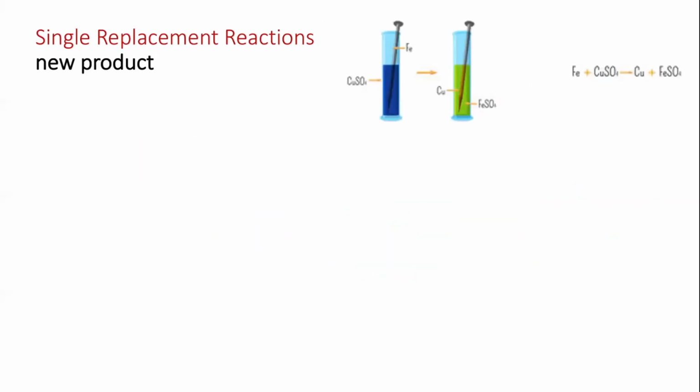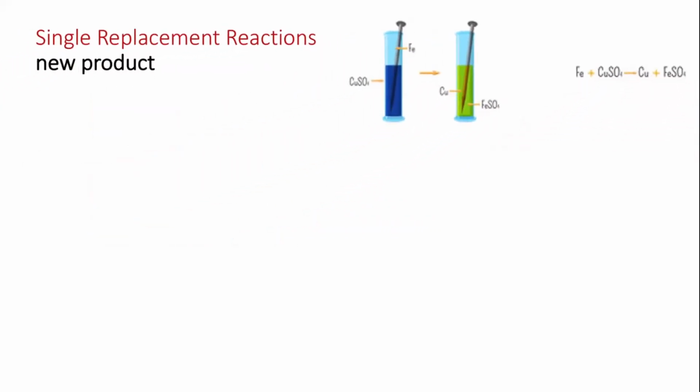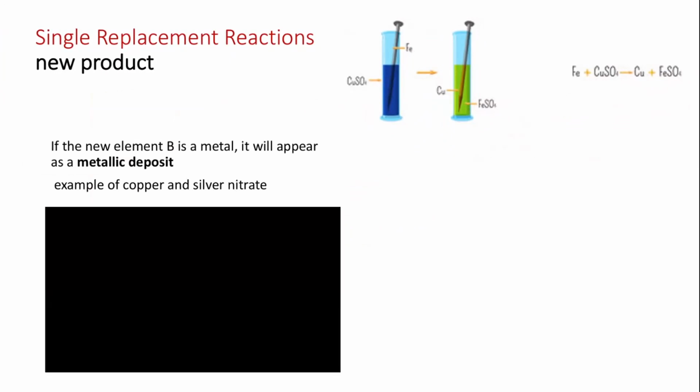Okay. So here's this example of what happens when you see a single replacement reaction where you have replacement going on and you see a new product that's a metallic deposit. The metallic deposit is when, on the product side, you have a metal that was not there before.